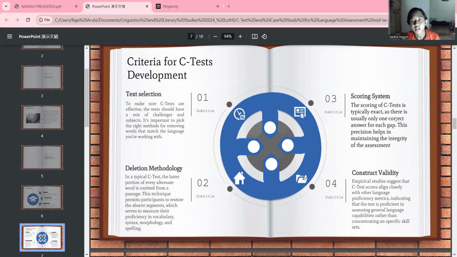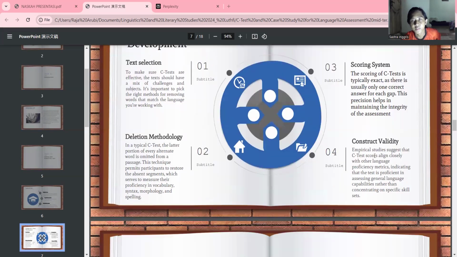The third is the scoring system. The scoring system is typically exact, as there is usually only one correct answer for each gap. This precision helps in maintaining the integrity of the assessment. And last is construct validity.